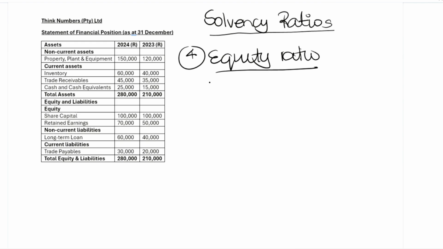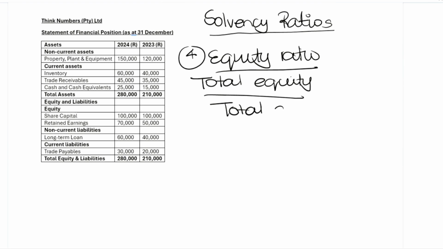The formula for our equity ratio is that we look at total equity and divide this by total assets. What does this equity ratio look at? It indicates how much of a company's assets are financed by equity. And once again, we'll multiply this by 100%.